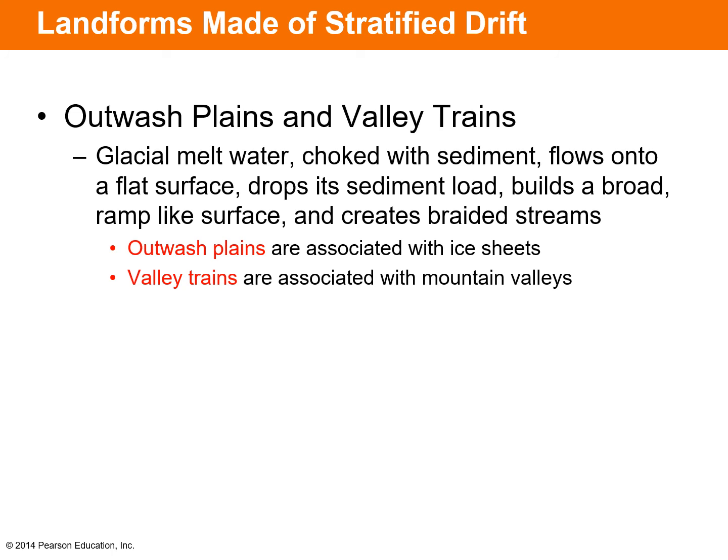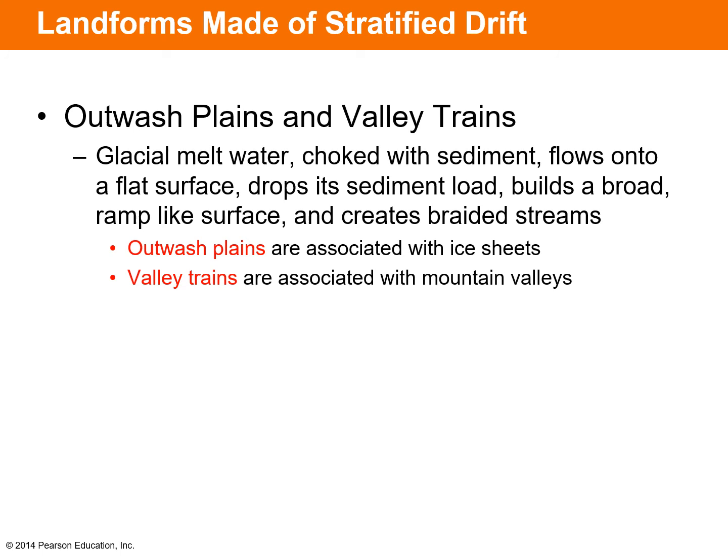So glacial meltwater, to backtrack for a second, you need to recall that stratified drift is created by glacial meltwater rather than the glacier itself. So glacial meltwater that's choked with sediment flows onto a flat surface and then drops its sediment load and builds a broad ramp-like surface.